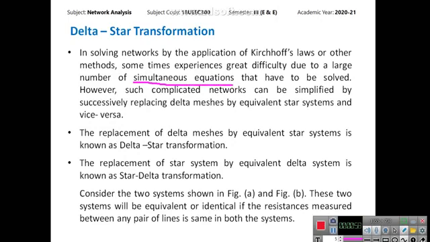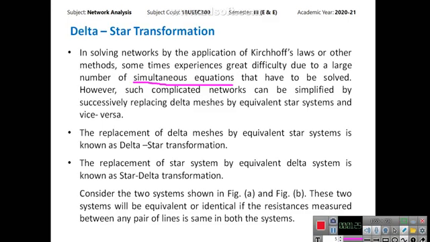You have considered only 3 simultaneous equations. Suppose the network is very complex, you may have more than 3 simultaneous equations. Then while solving more than 3 simultaneous equations, it is very difficult to solve those equations.